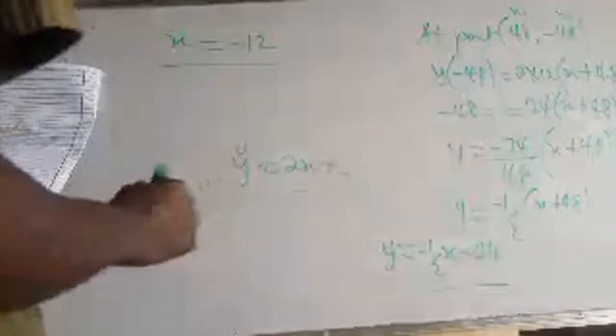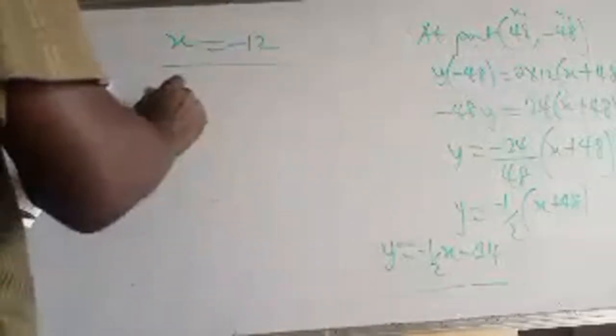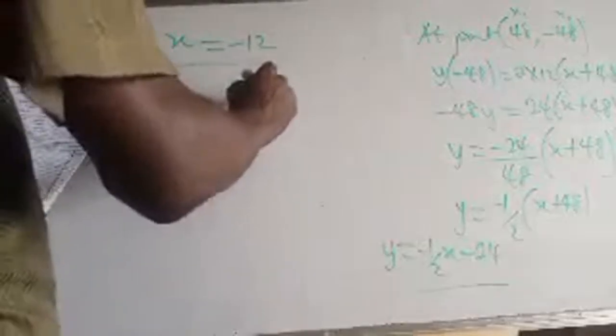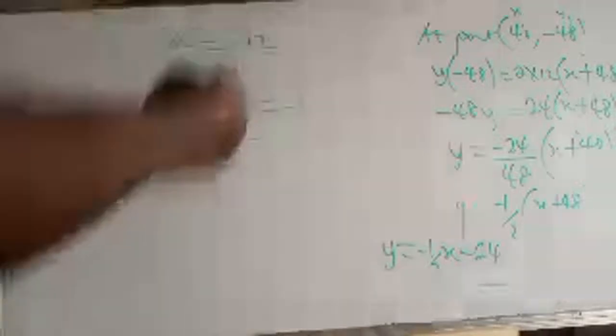By the time you equate them, you will definitely get x equals minus 12. Try that. Then when you multiply the product of their gradients, you have minus 1.